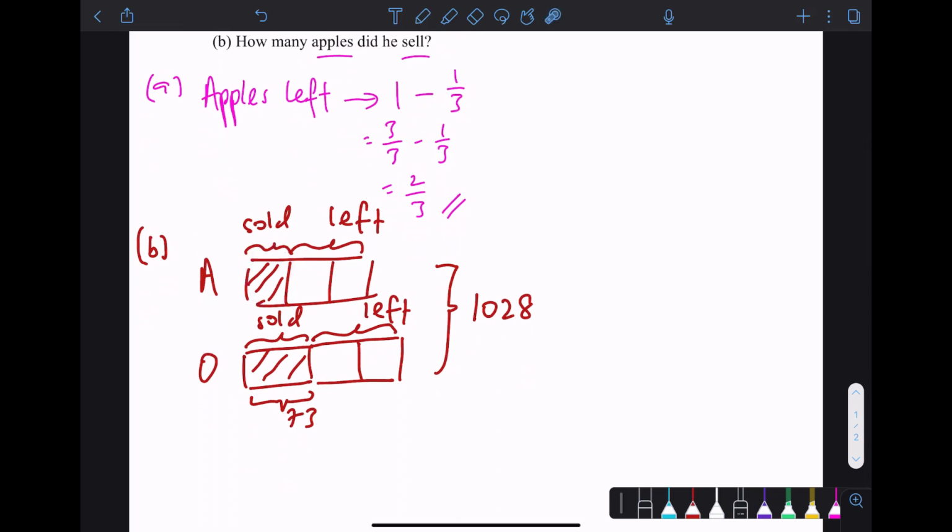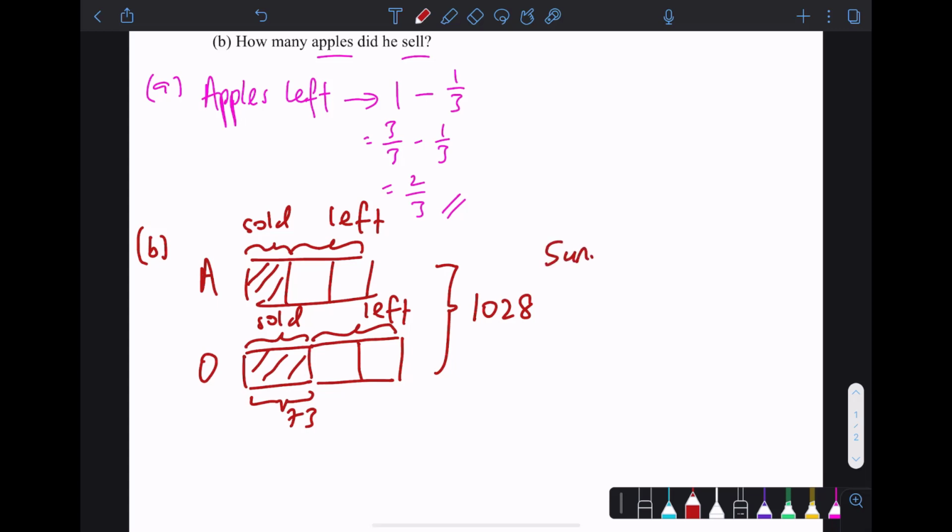Now, to do this, we need to take 1028 and subtract away the 73 because we are not sure this 73, is it 1 unit, is it half a unit, what is it, right? So we take 1028 and we subtract away 73, and that will give us the value of 1, 2, 3, 4, 5 equal units.